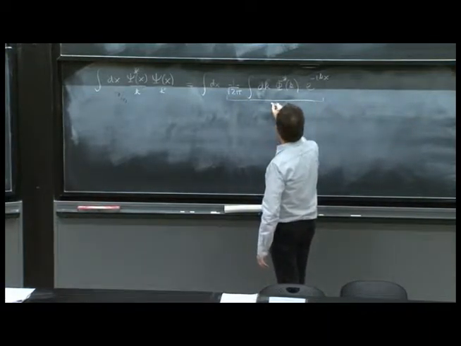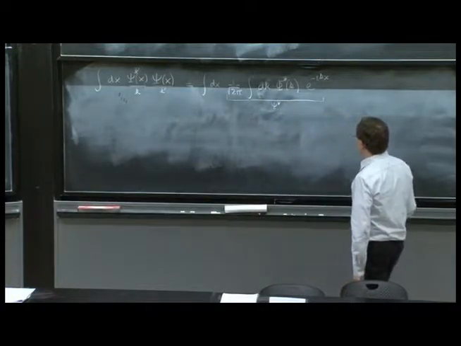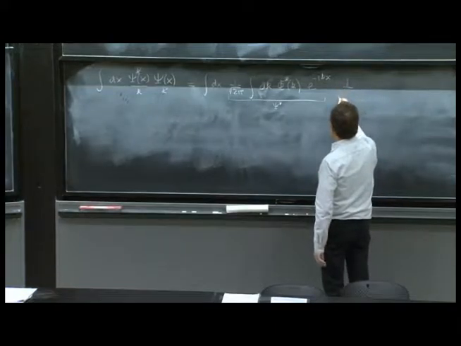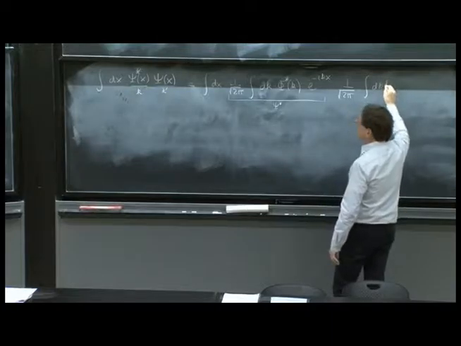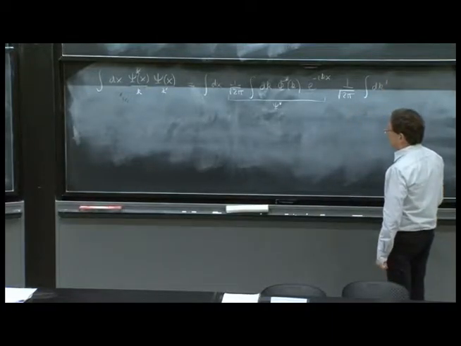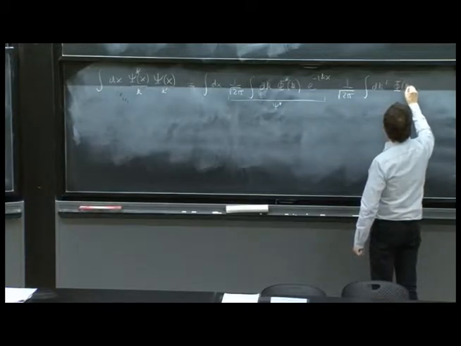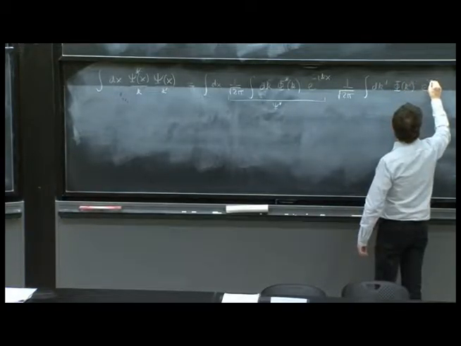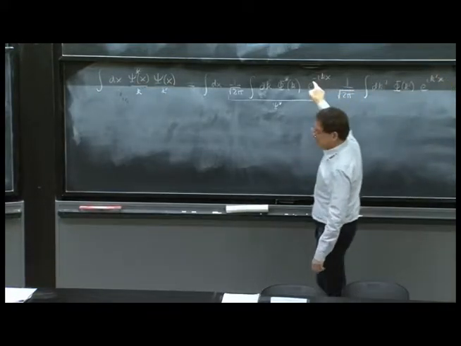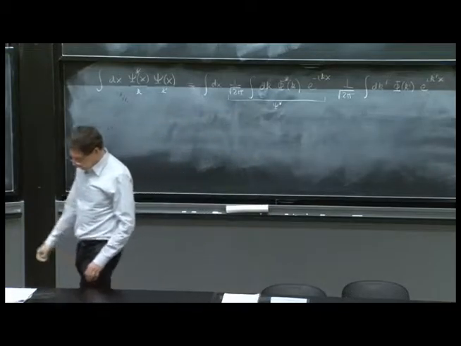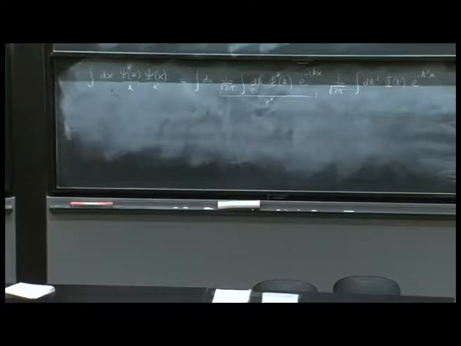This is psi star. And now we put psi. So this is dk prime, phi of k prime, e to the i k prime x. It's the same x in the three places.